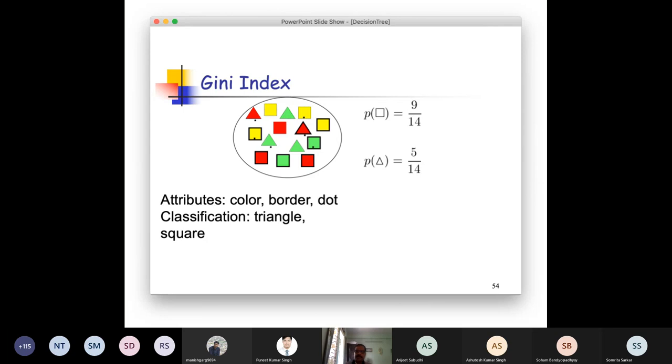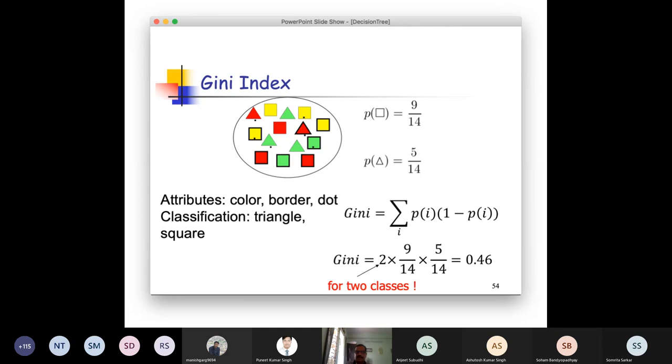Probability of triangle is 5 by 14. Then the Gini value, as per our definition, is pi into 1 minus pi. Since there are 2 classes, you can simplify it: 9 by 14 into 5 by 14 plus 5 by 14 into 9 by 14, as you can see. So your Gini index is 0.46.